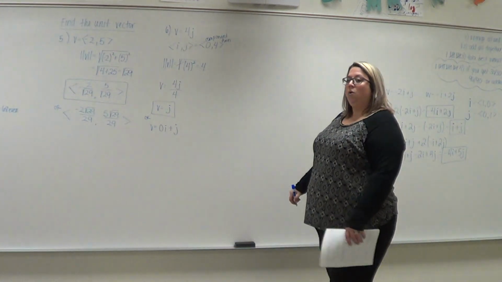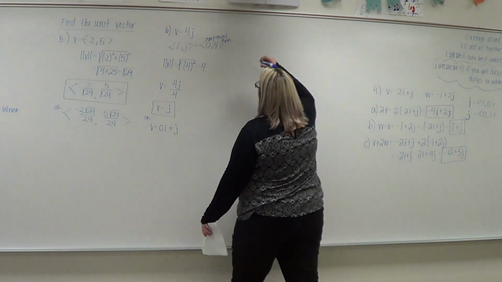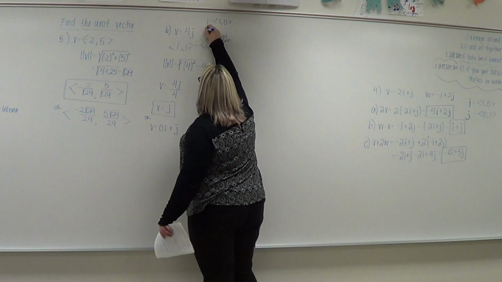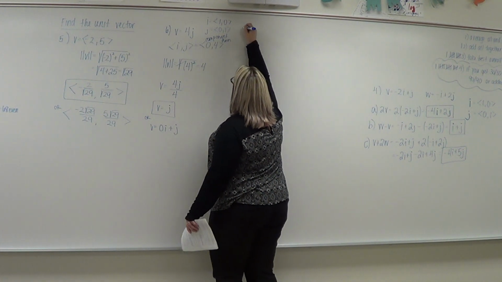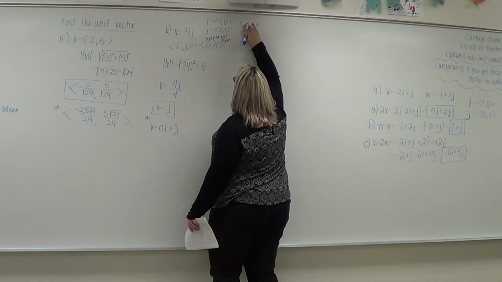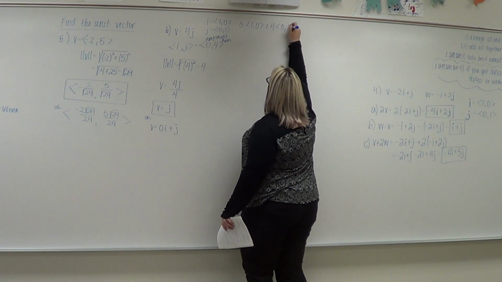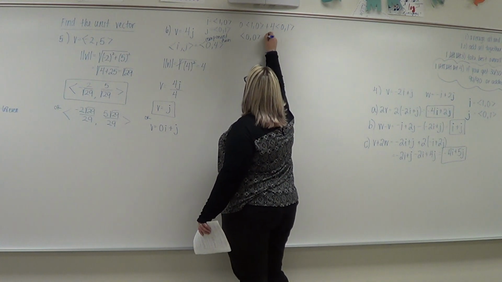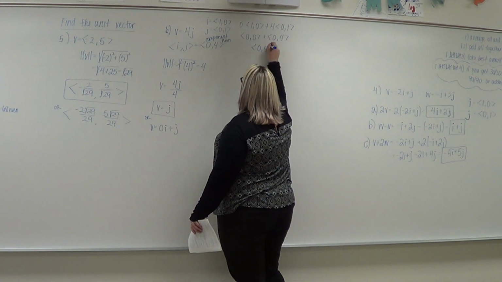Yes? How did you get from 4j to 0, 4? Okay, because i is equal to this, and j is equal to this. So what happens is you would take your i number, which there's nothing, times this, plus your j number times this, so this would be 0, 0 plus 0, 4, which is 0, 4.